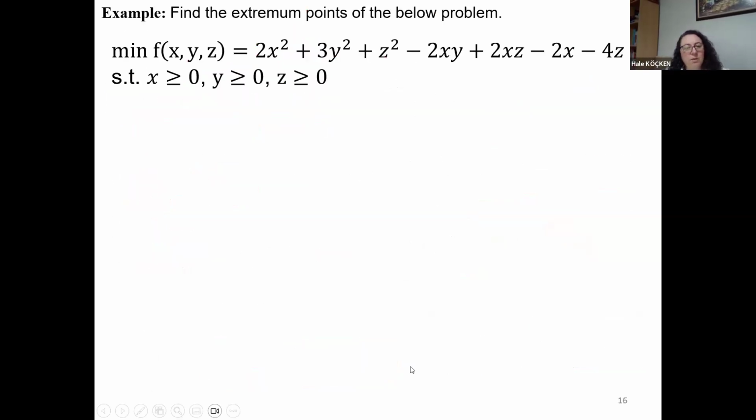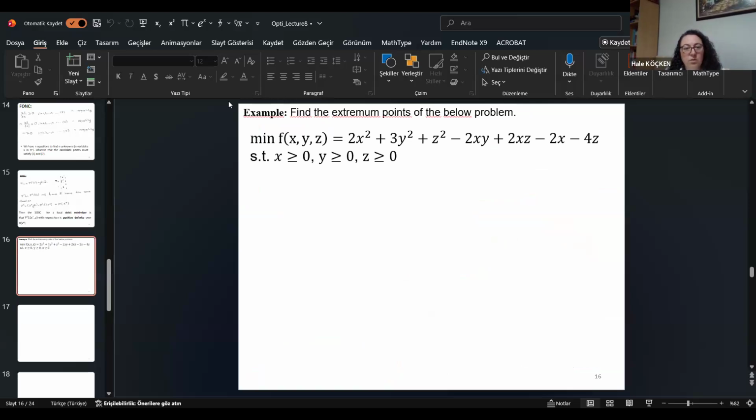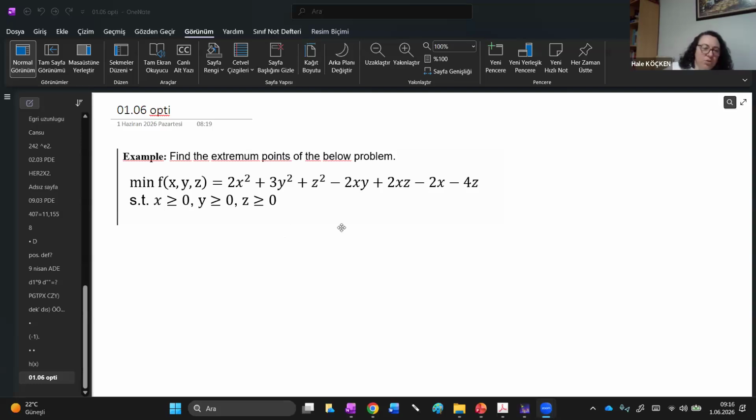So I'm copying the... Can you see my screen, guys? I think I shared only the PowerPoint file. It will be better to... This is the problem we will do.